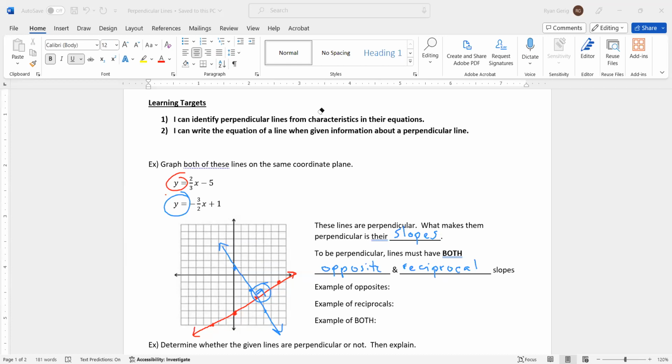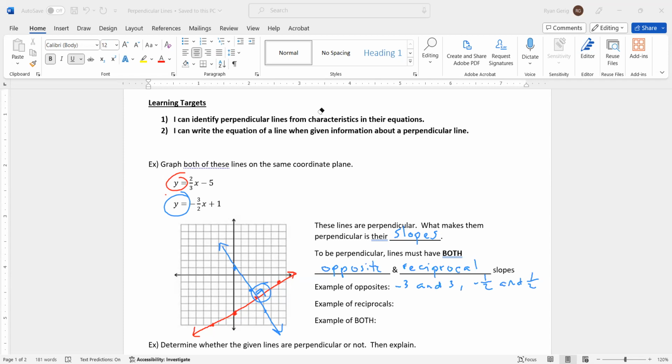Now, I used two bigger words there. Opposites are something like -3 and +3. Those would be opposites only. Or -1/2 and +1/2. Opposite in sign only.